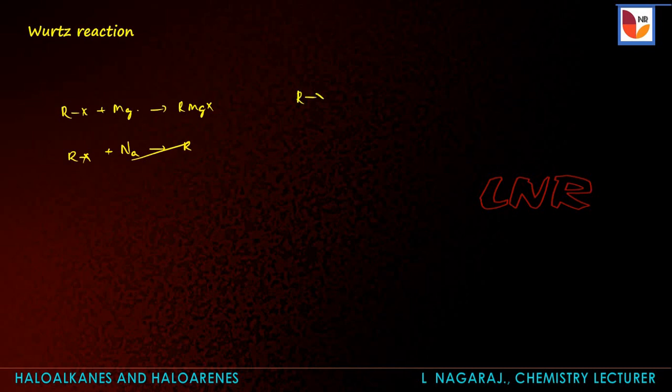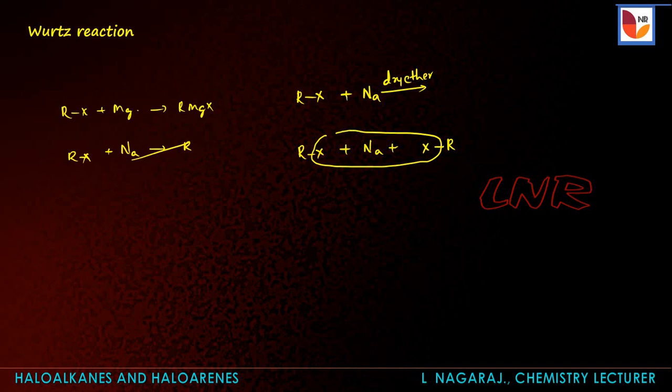Here RX is nothing but a haloalkane. The haloalkane reacts with the sodium metal in the presence of dry ether. The obtained product has double the number of carbon atoms present in the halide. That is, RX plus sodium plus RX, and there is an elimination of halogens along with the sodium.